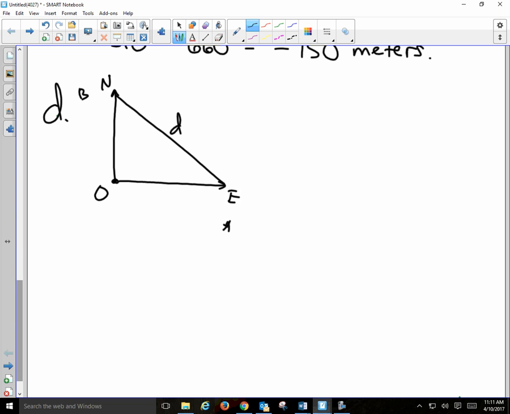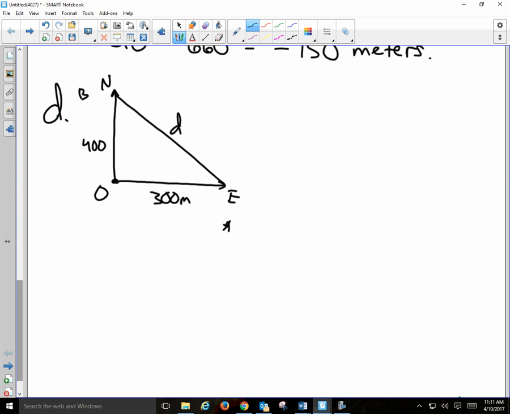How far east is the first train at this time? 300. How far north is the other train? 400. I'm going to write an equation that relates these pieces. So we're going to find out how far apart they are now using the Pythagorean theorem.